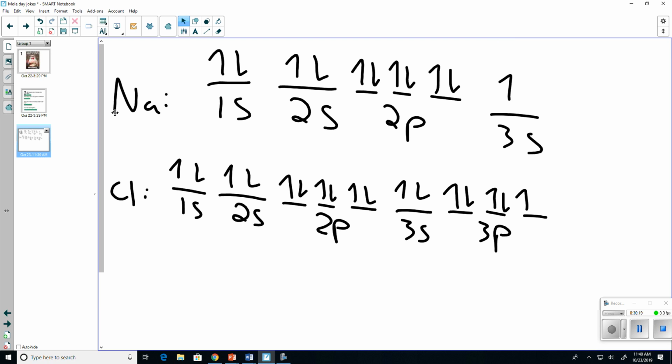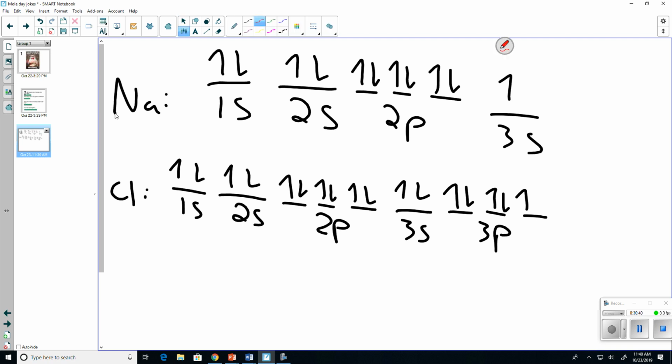Hopefully that's what you have written down for sodium and chlorine. 8 outer shell electrons is the most stable configuration. How many outer shell electrons does sodium have? 1, right?